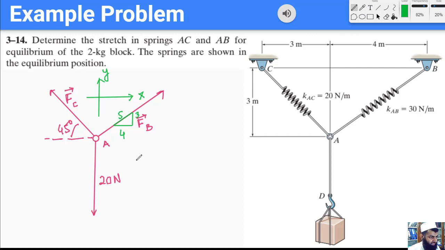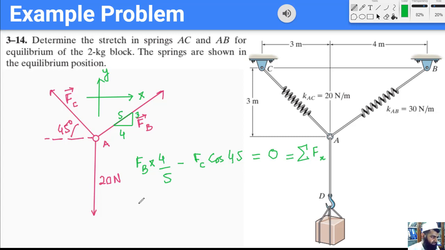So we would say that FB times 4 over 5, that is the first term, minus FC cos of 45 is equal to 0, and this is the sum of all the forces in X.